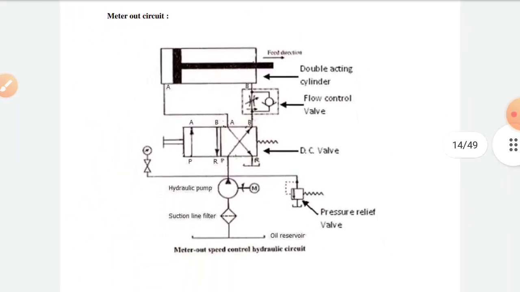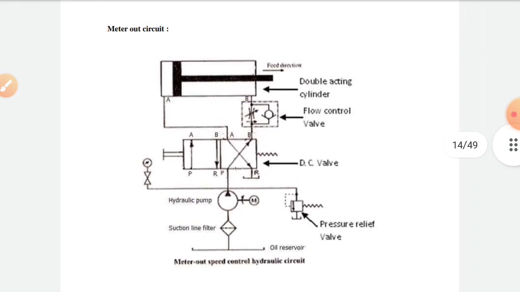This is the construction of the meter out circuit.